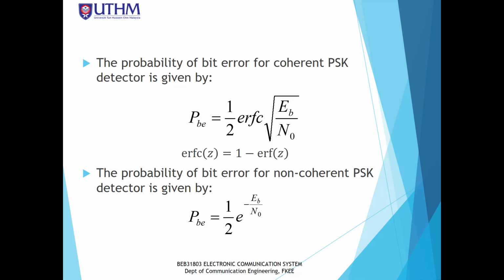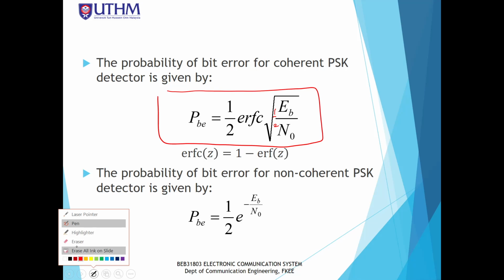Kemudian probability of bit error. Okay, kalau you lihat probability of bit error, dia tidak sama dengan ASK dan juga FSK. Okay, hanya PSK yang berbeza kalau kita lihat. Apa beza dia? So dia tidak ada 1/2 di sini. Okay, so that's the difference.